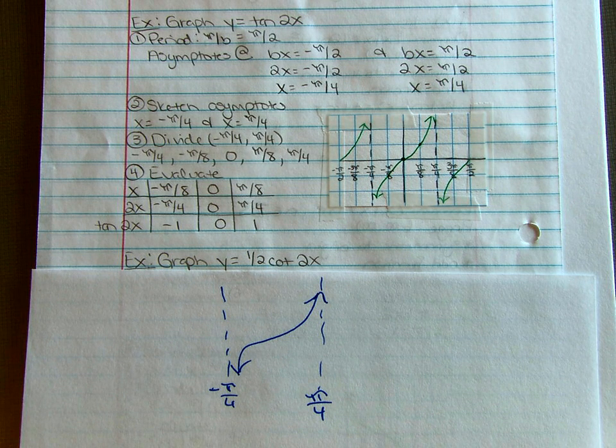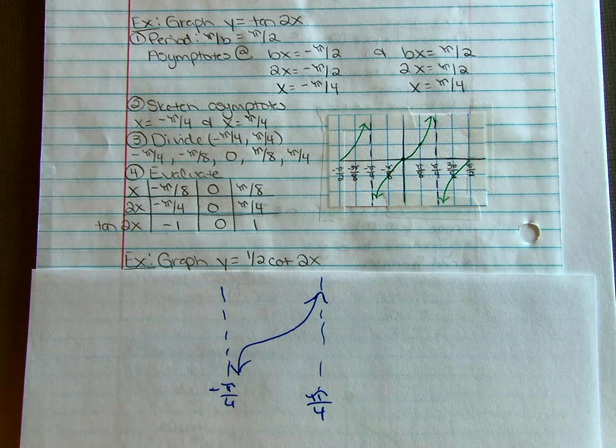But then that 1/2 on the outside is telling me that I'm actually going to shrink vertically as well. And I will say this, when it comes to shrinking vertically, with our cotangent and tangent, especially on the graph paper that I'm using, you're not going to see it as much. Because if you notice, our graph extends upward and downward towards infinity. So really all that's happening is it's just not growing quite as quickly. And that's kind of hard to note when we graph it on general paper here.